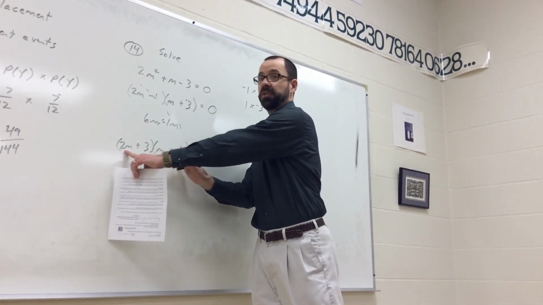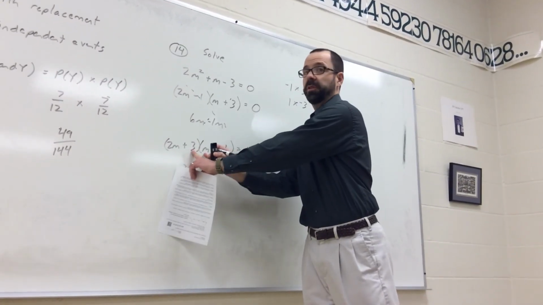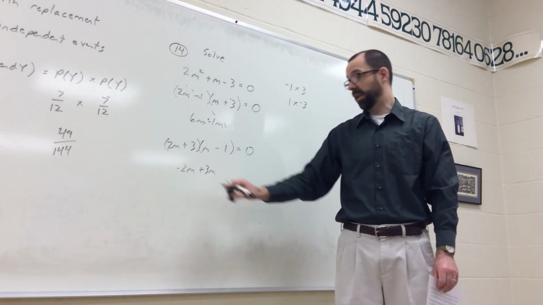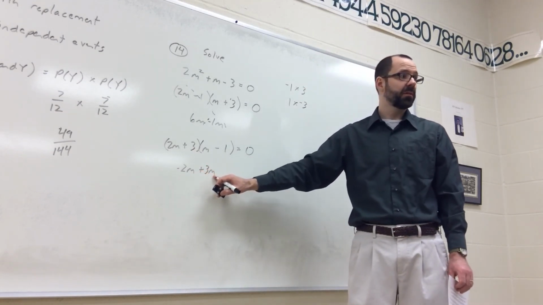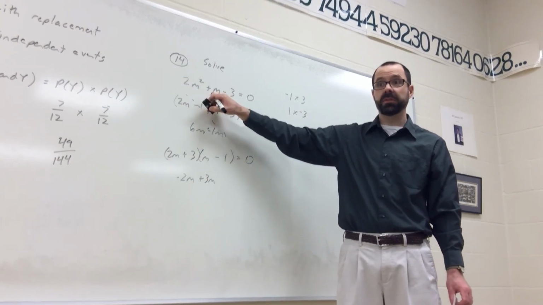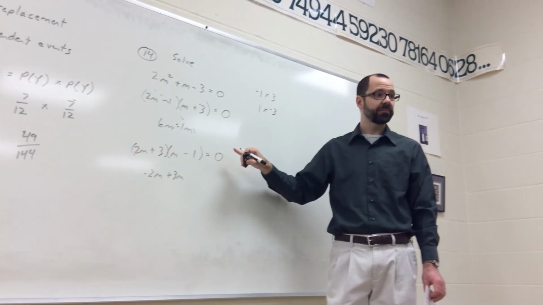So this is -2m, and this is 3m, and then that adds up to 1m. Is that good? Yeah, because we want 1m. So that means this is the correct way to factor it.